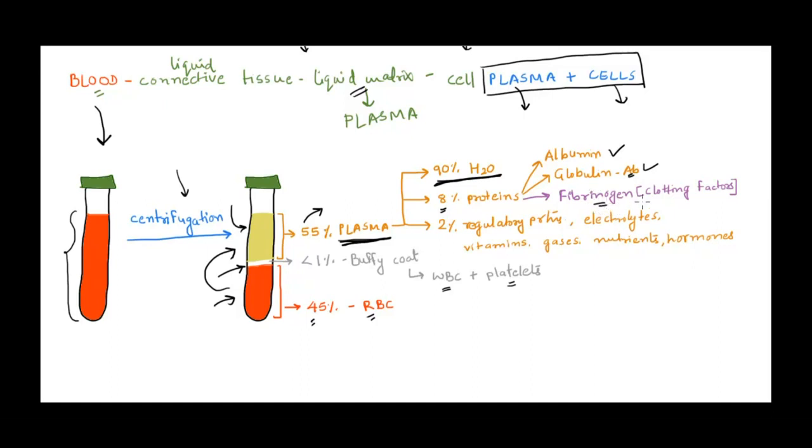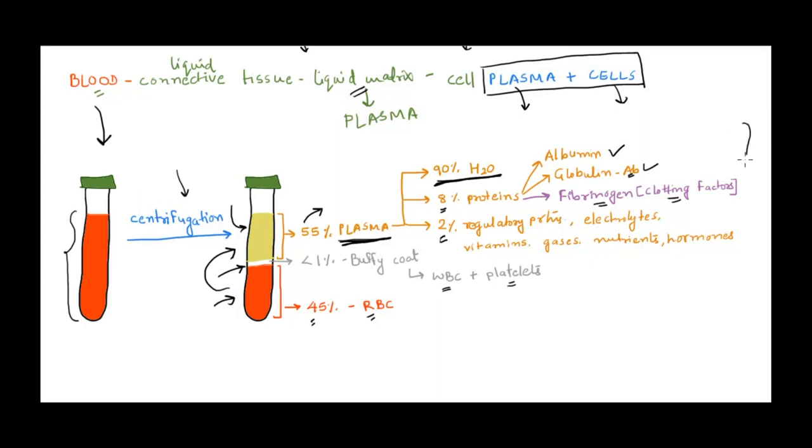I have labeled it in a different color because you will see the difference as we go on. Fibrinogen is an important clotting factor. So 8% is proteins: albumin, globulin, and fibrinogen. And the rest, 2%, is all other regulatory proteins, electrolytes, gases, vitamins, nutrients, hormones, etc.